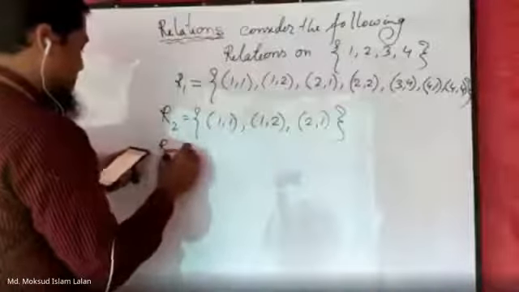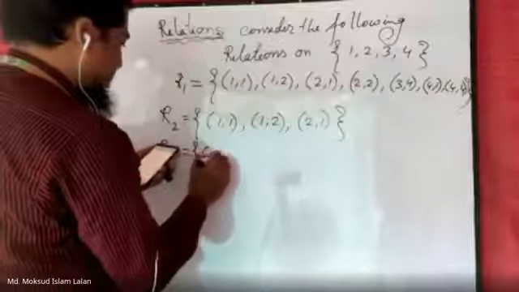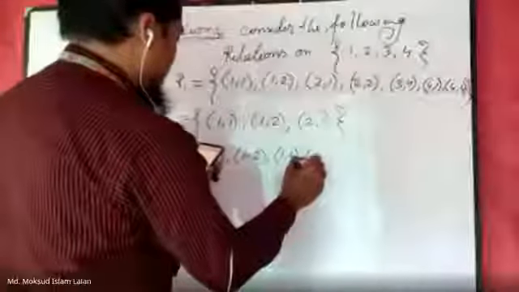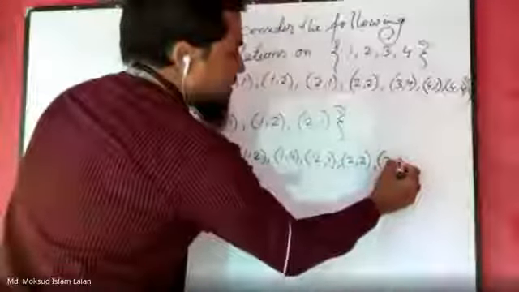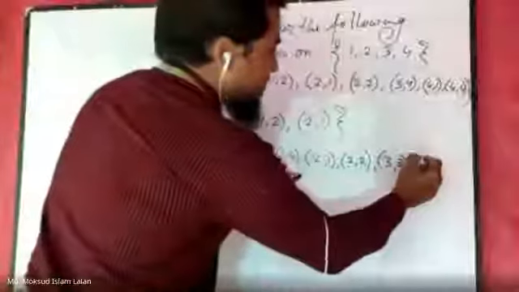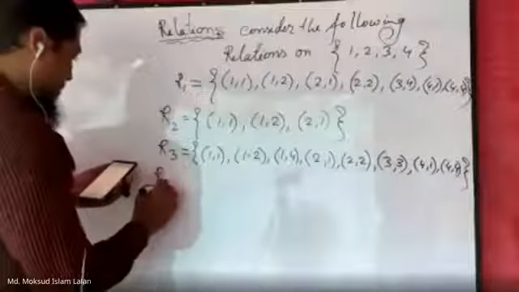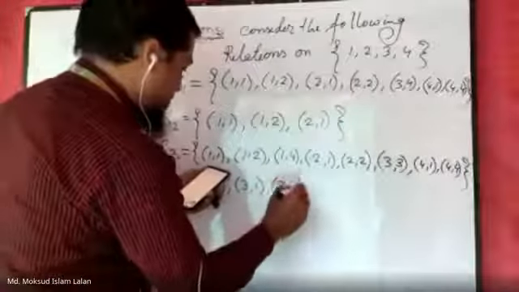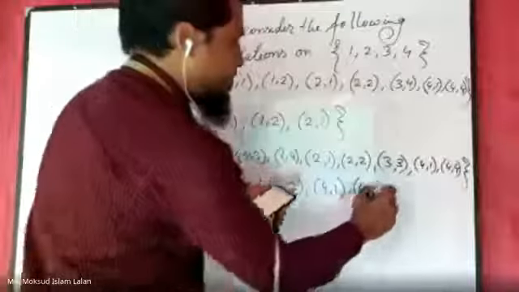R3 equals (1,1), (1,2), (1,4), (2,1), (2,2), (3,3), (4,1), (4,4). R4: (2,1), (3,1), (3,2), (4,1), (4,2), (4,3).